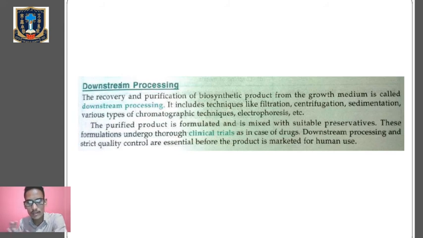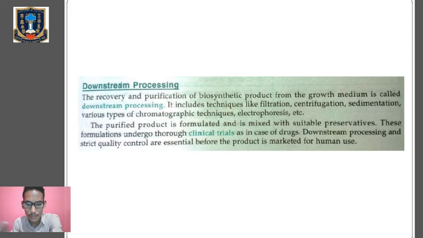So what are the different steps in downstream processing? It includes filtration, centrifugation, sedimentation, various types of chromatographic techniques, and electrophoresis. After the product has been purified, it has to go for clinical trials, like in the case of drugs, to check whether the product has any side effects or not.